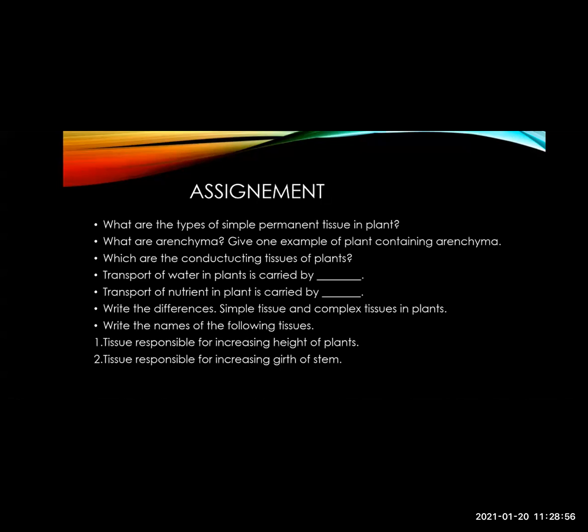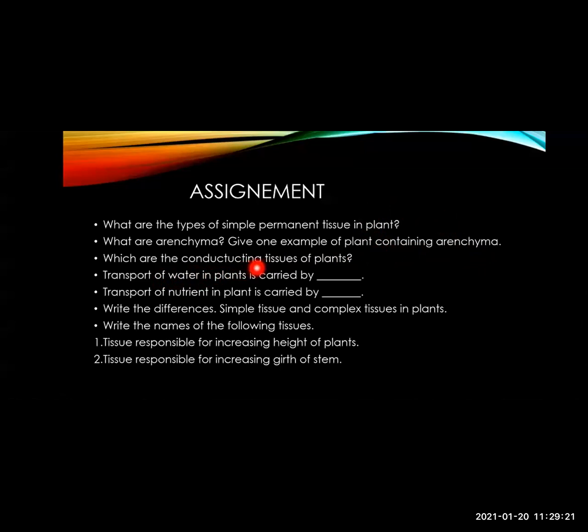Parenchyma tissue which is modified for storage of air is known as aerenchyma. For example, you can write lotus, water lily, eichhornia, whichever is easy for you. Eichhornia, pistia, lotus, lily show aerenchyma.